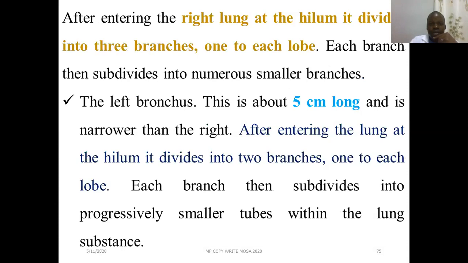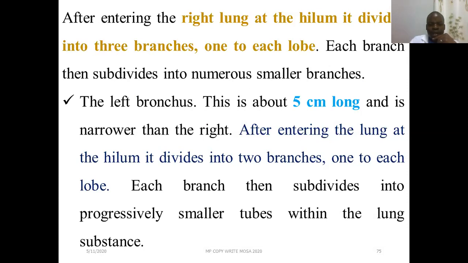After entering the right lung at the hilum, it divides into three branches, one to each lobe. Each branch then divides into numerous smaller branches. The left bronchus is about 5 centimeters long and it is narrower than the right.